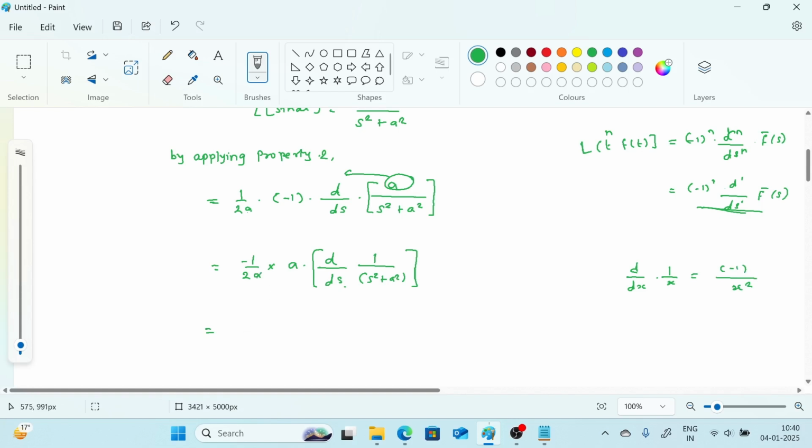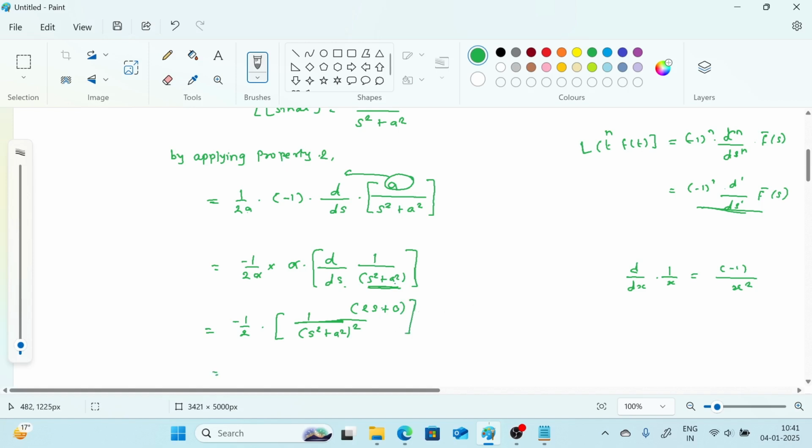Before that, this a and this a will get cancelled, giving minus 1 by 2 into 1 upon. I'm going to differentiate this term, s square plus a square, bracket square, and we have to differentiate the whole term. What will be the differentiation? 2s plus 0, because the differentiation of a constant is 0.